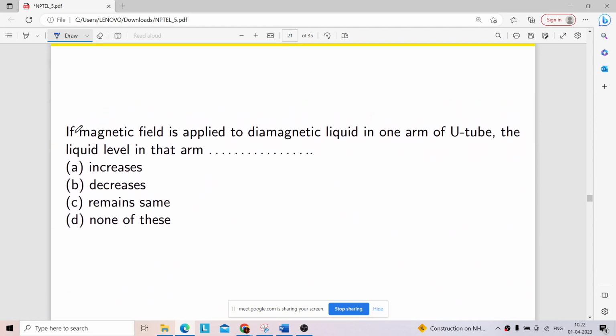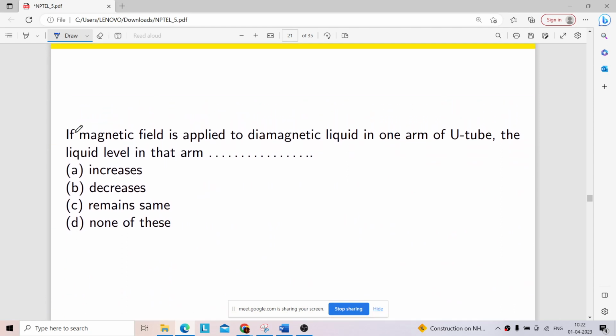Then coming to the next question. If a magnetic field is applied to a diamagnetic liquid in a U tube, the liquid level in that arm is this. So what is the situation here?